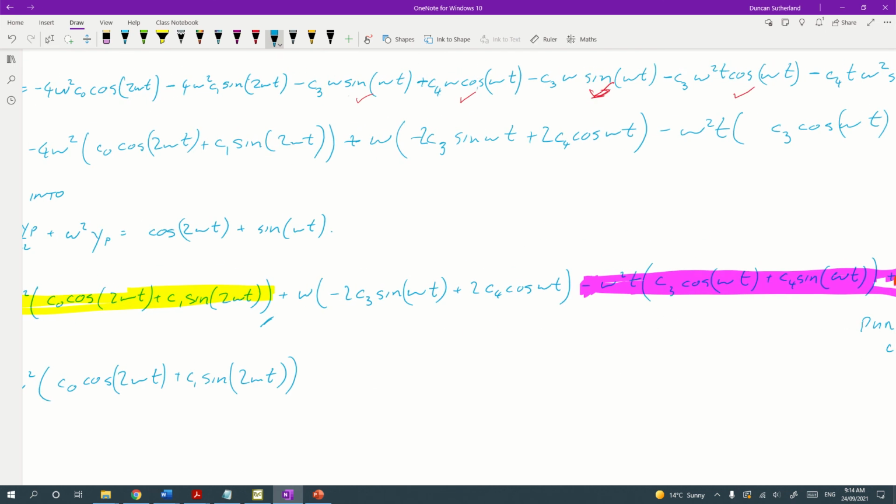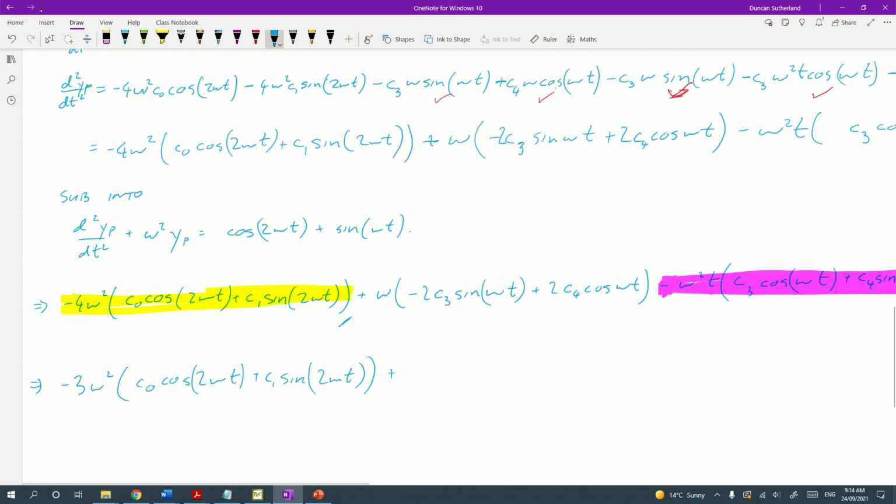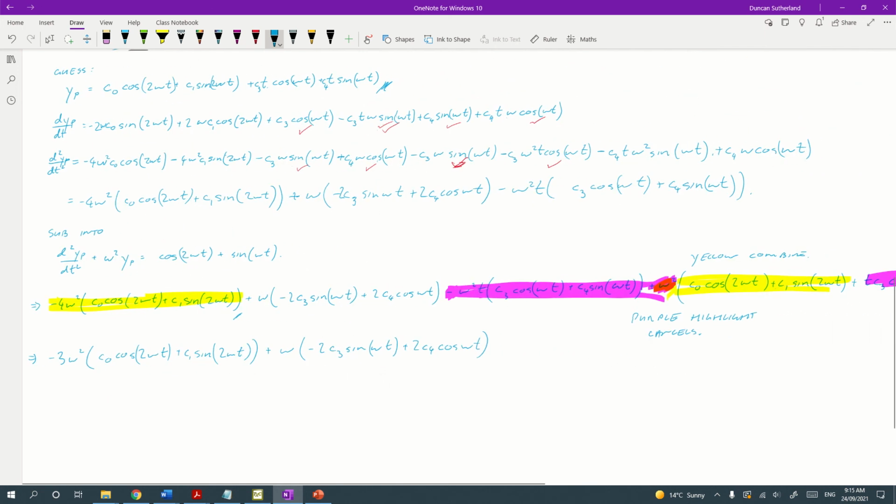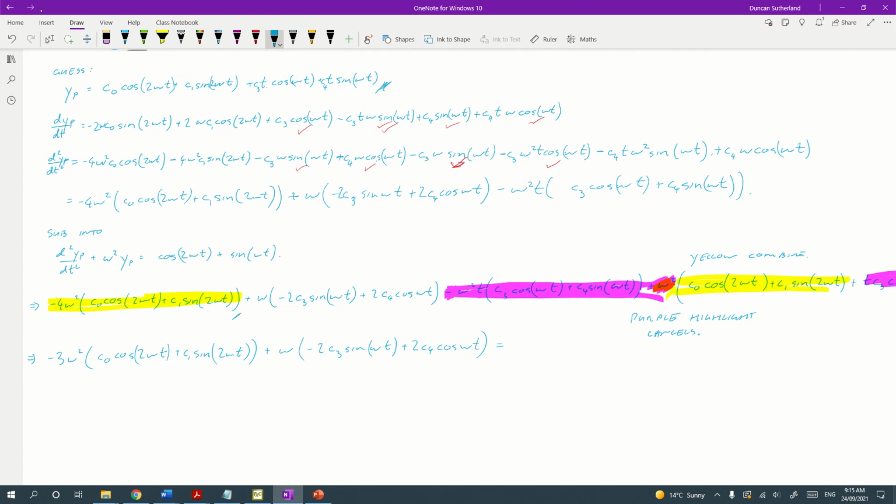Then we're still left with this lot here, which we can't do anything with. Plus omega to minus 2c3 sine plus 2c4 cos t. But we know that this is now equal to cos 2 omega t plus sine omega t.